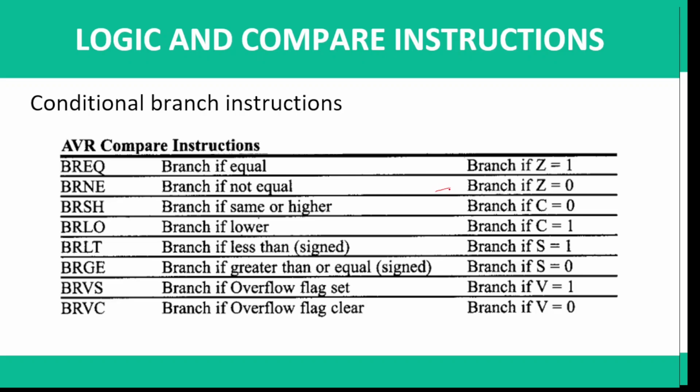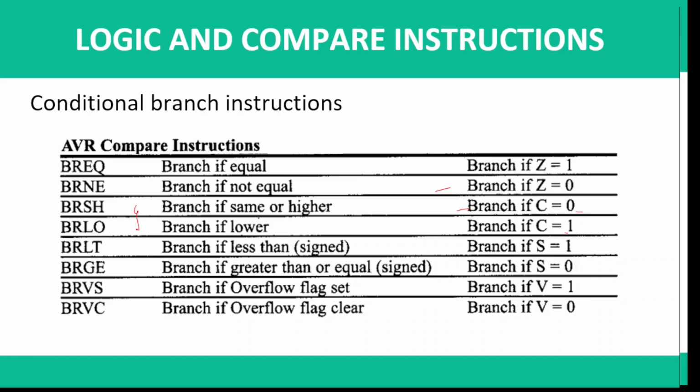That is Z is equal to 0. And we also have BRSH, branch if same or higher, meaning our carry is equal to 0. And BRLO, branch if lower, meaning our carry is equal to 1. BRLT, branch if less than.